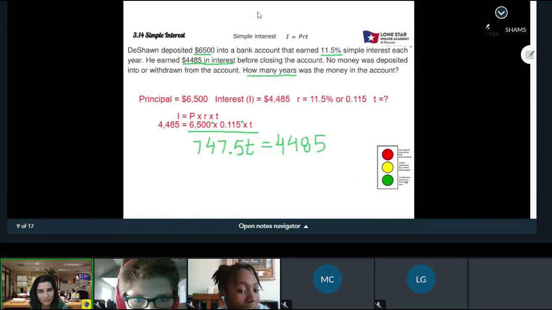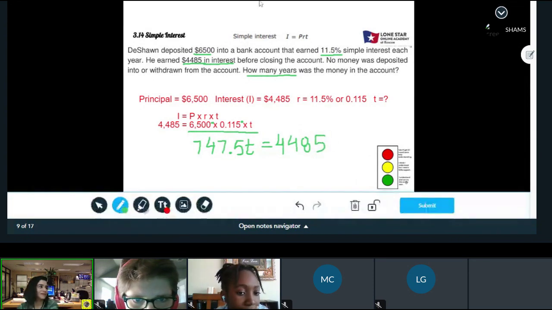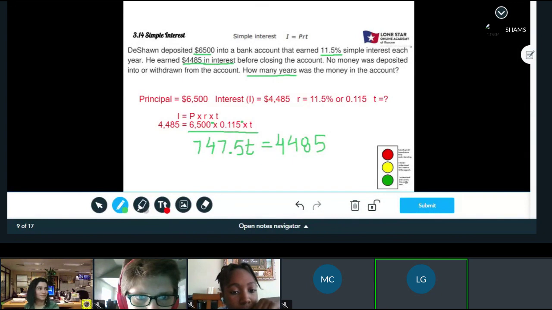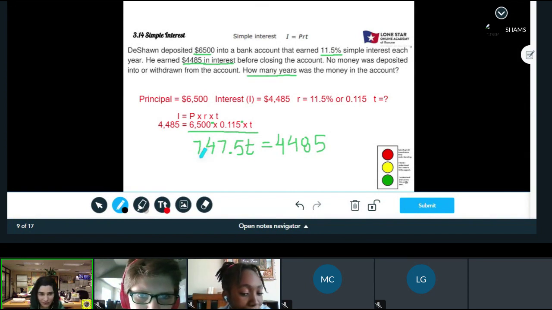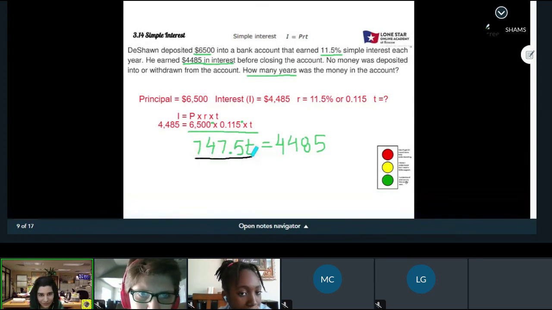Can someone guide me? What will I do next so that I can find t? We can divide them both by 747.5. Excellent. Because you want t by itself, you will divide both sides by 747.5.